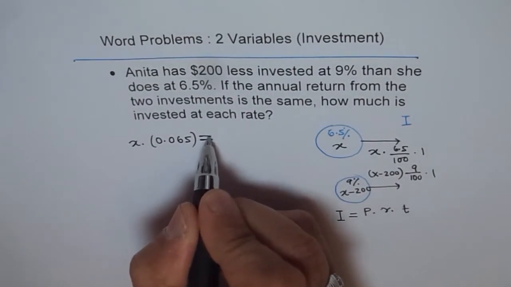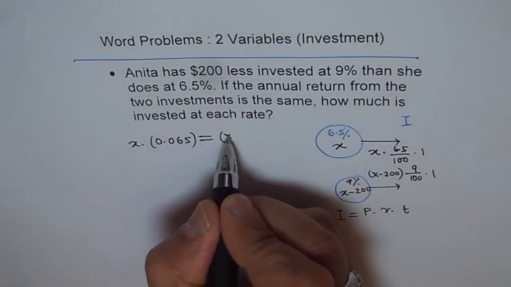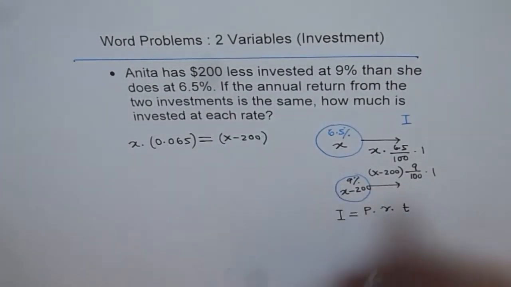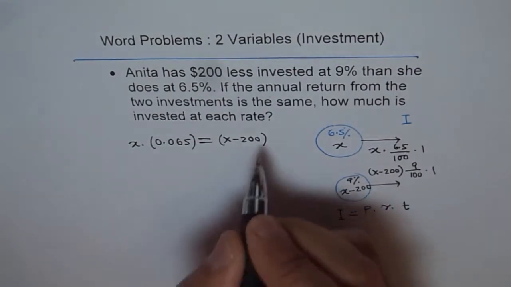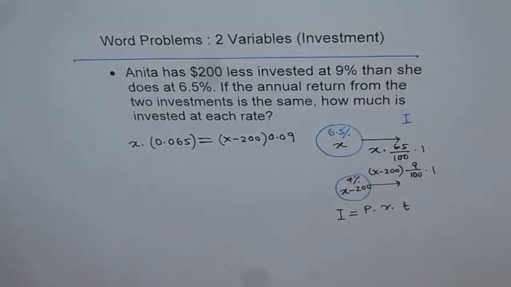That should be equal to the return from the other investment, which is x minus 200, $200 less, times 9 over 100, which means 0.09. So that gives you the overall picture. Now we can solve for it.